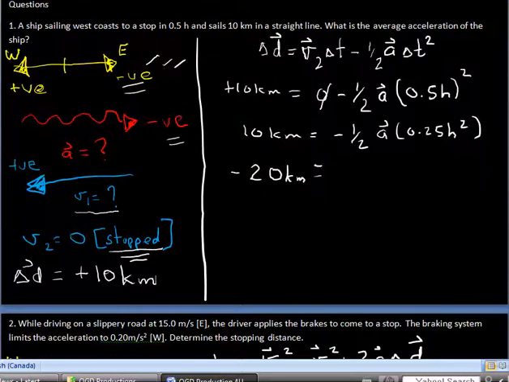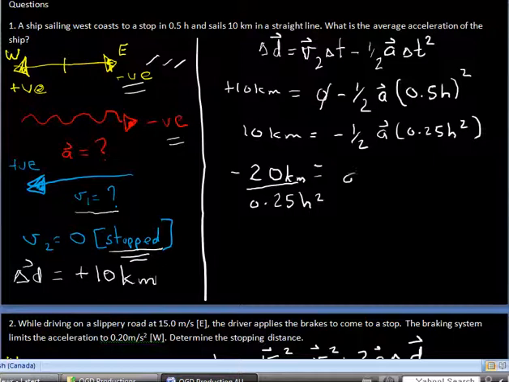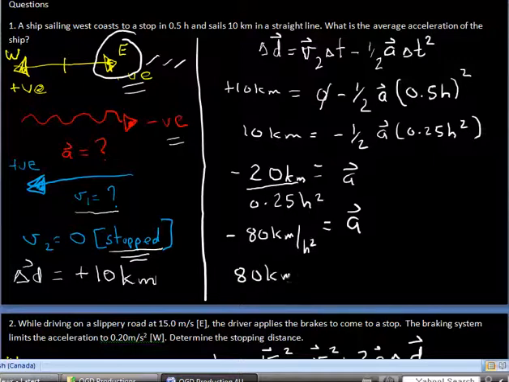If I divide both sides by 0.25 hours squared, that's equal to my acceleration. So now I've got 20 divided by a quarter, and that gives me minus 80 kilometers per hour squared is equal to my acceleration. Well, what does the minus mean? Well, the minus means the direction. It's east. So I could say 80 kilometers per hour squared east is equal to my acceleration.